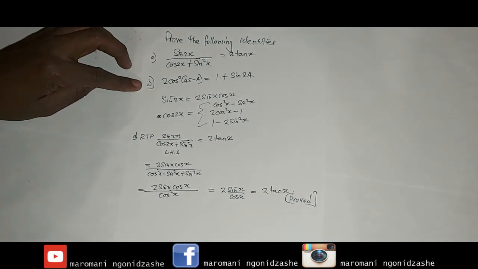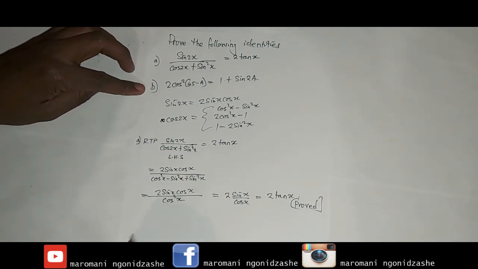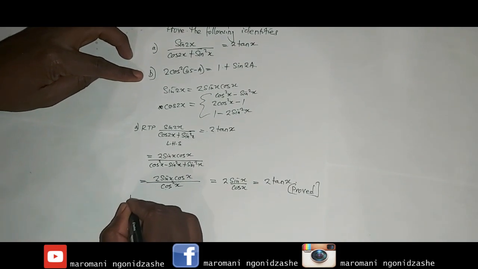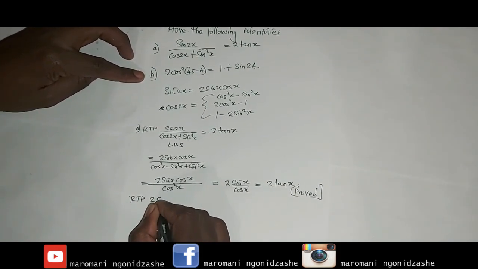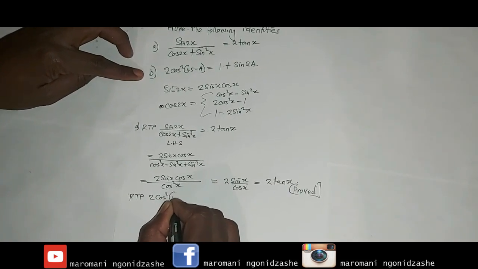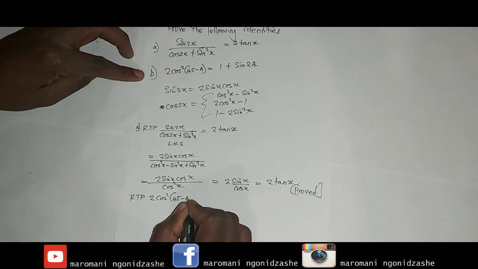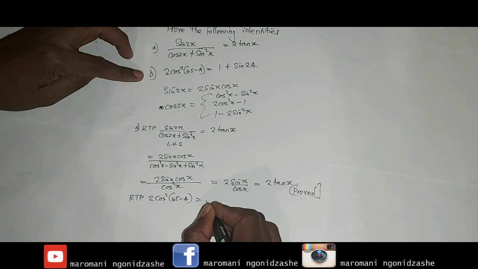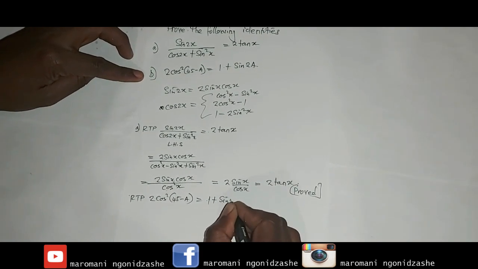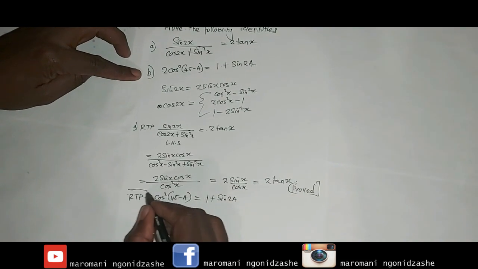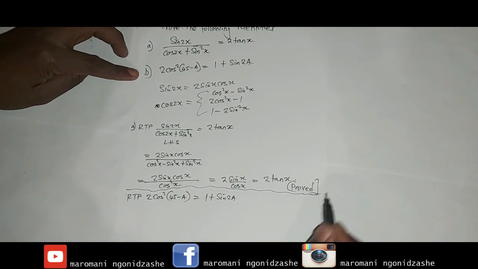Then as we do the question for B, we are now required to prove that 2 cos squared (45 minus a) is equal to 1 plus sin of 2a. Let's separate them there.